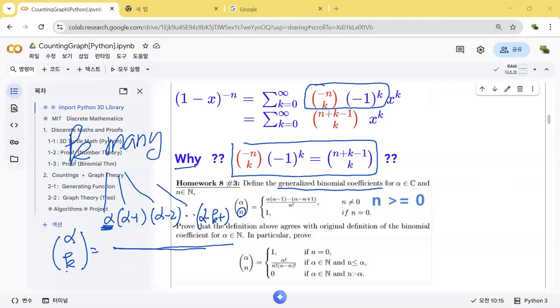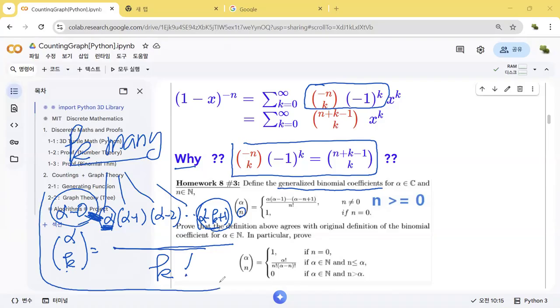Since there are k many products, the last one would be alpha minus k, but we must add one more, because the first one is alpha minus 0. So the last one must be alpha minus k plus 1. This is important. And the denominator is k factorial. So this is the binomial coefficient, by definition.